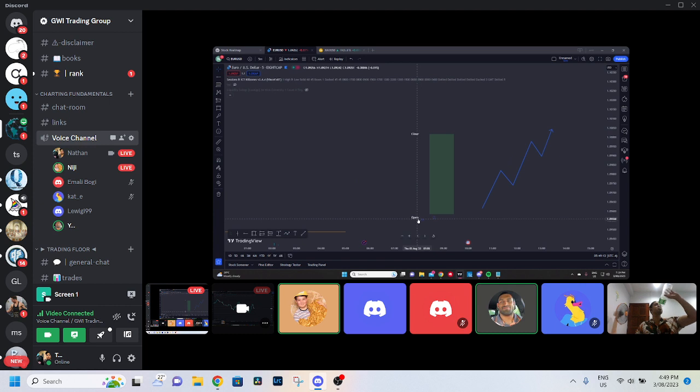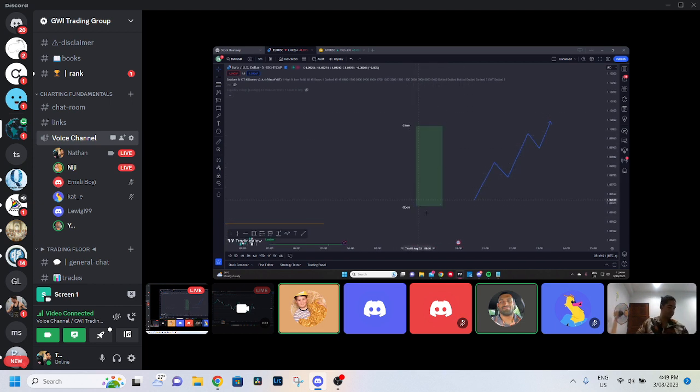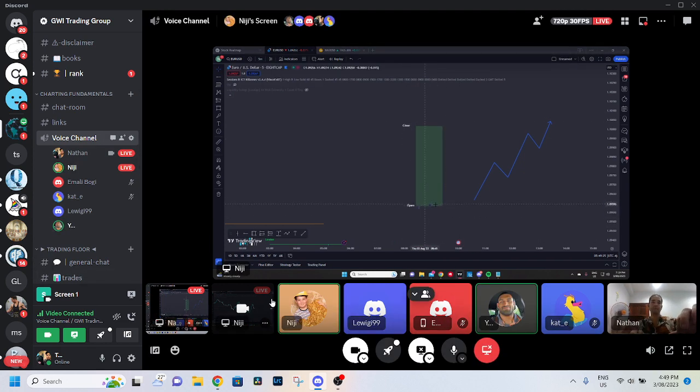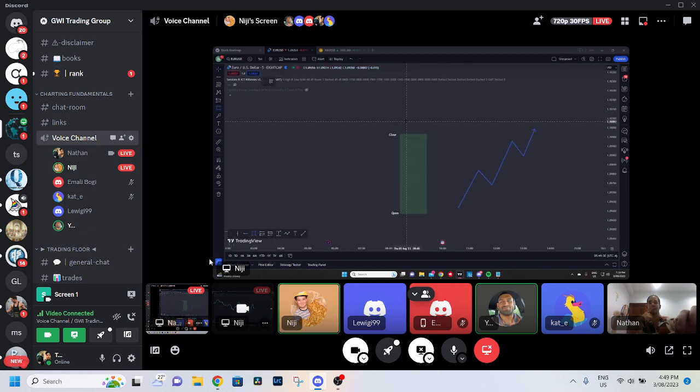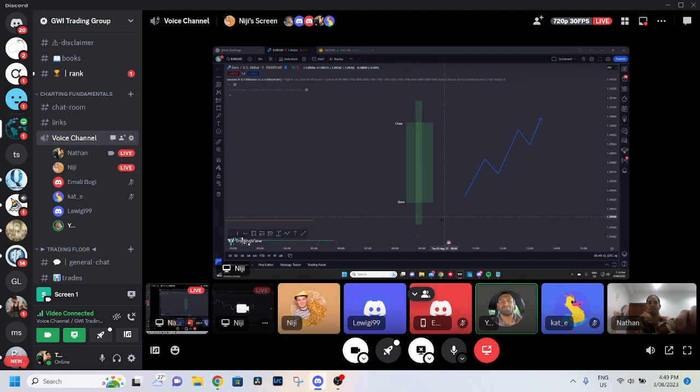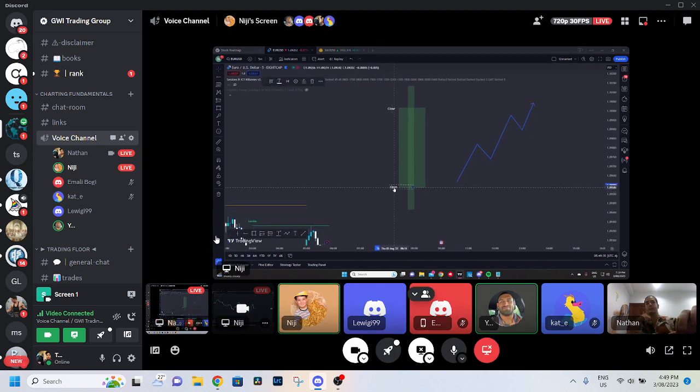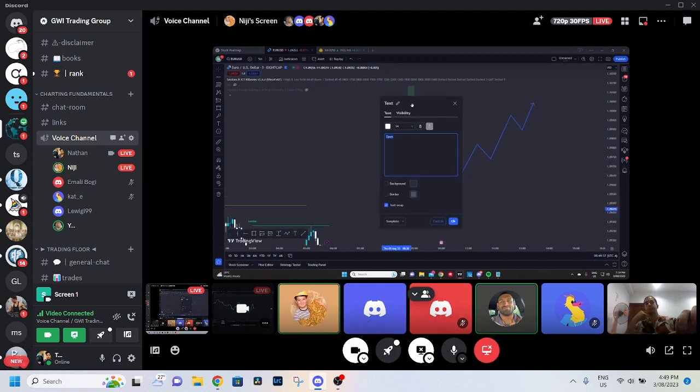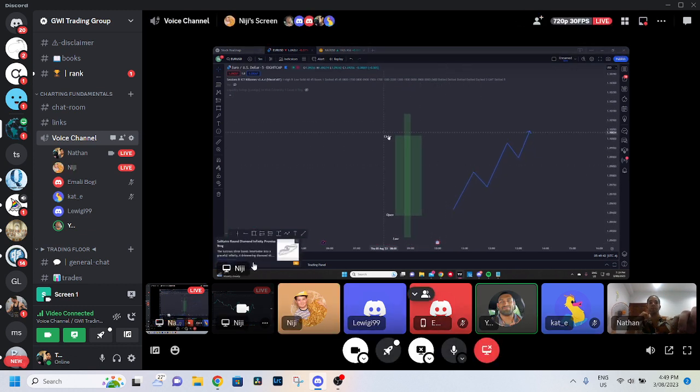So in a bullish candlestick, the bottom of the body is where we open. If we're looking at a 5 minute candlestick, this candlestick represents 5 minutes, right? So this bottom is the open of the 5 minutes, and the top is the close of the 5 minutes. And then you have something called the wick. This just shows that in these 5 minutes, this was the low, and this was the high.